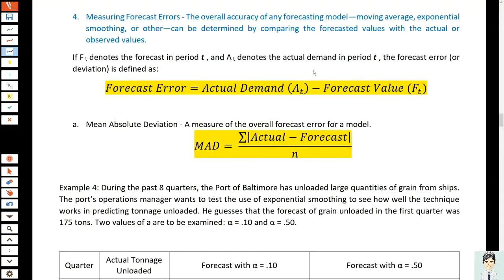Several measures are used in practice to calculate the overall forecast errors. These measures can be used to compare different forecasting models, as well as to monitor forecasts to ensure they are performing well. There are three popular measures that we use for measuring forecast errors.